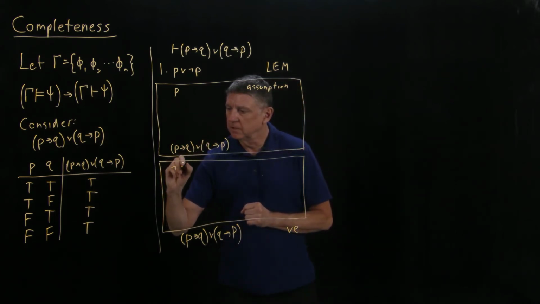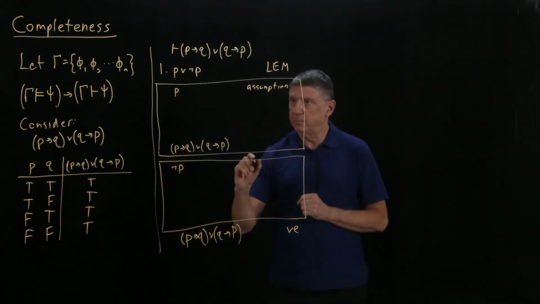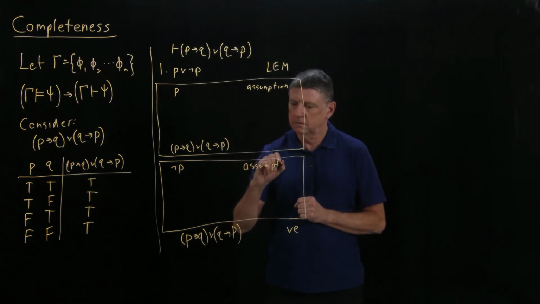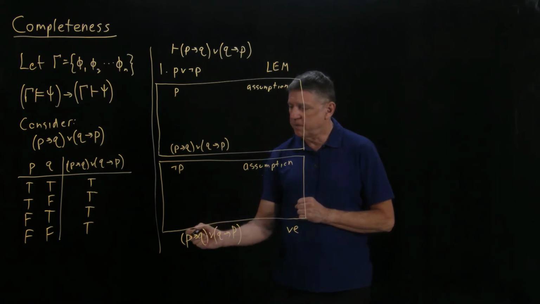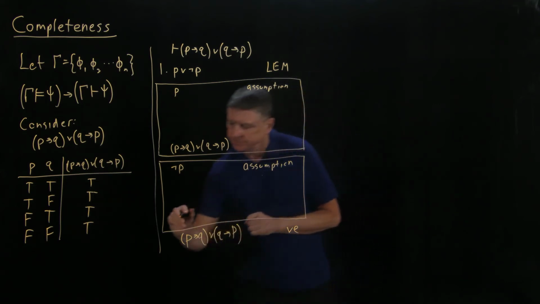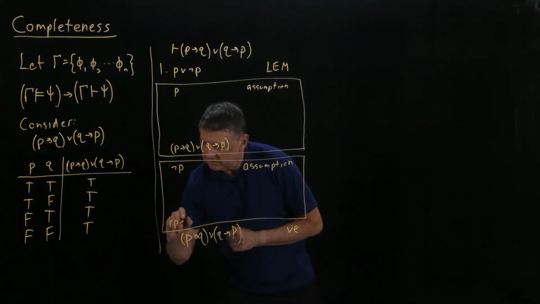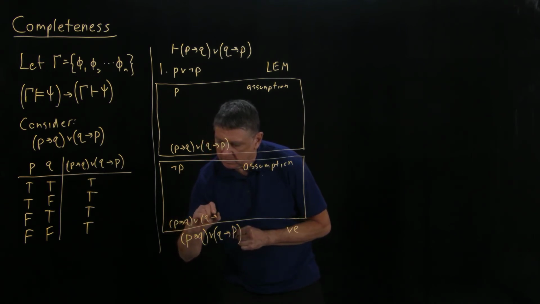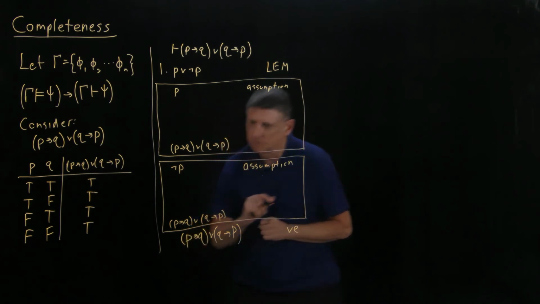So that would be not P, and that would be an assumption. We would copy our goal into the bottom, which is P implies Q, or Q implies P.